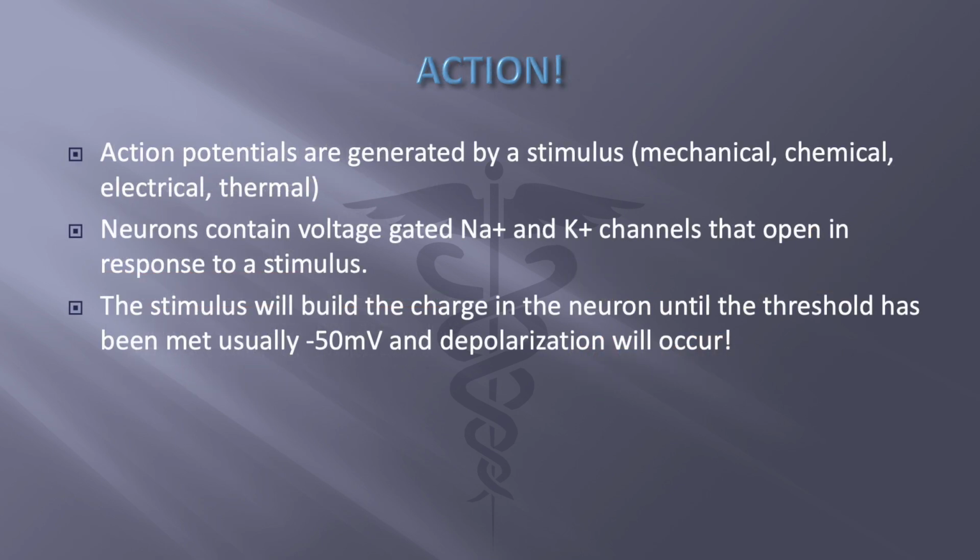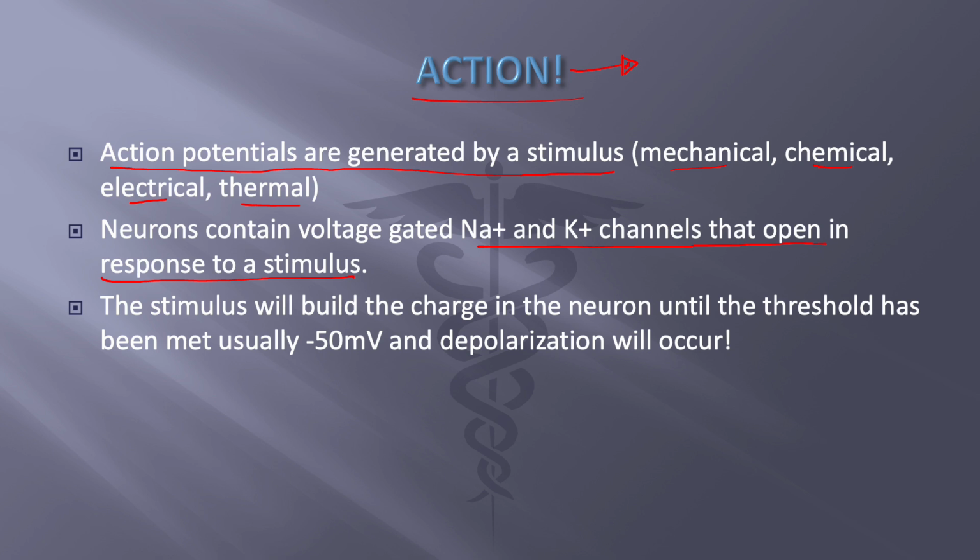All right, so when we generate an action potential, and those action potentials are what we've been talking about this whole time, that action potential creates an impulse, and then that impulse has the conduction velocity, and that goes through the nerve. So action potentials are generated by a stimulus, okay? That can be a mechanical, chemical, electrical, or thermal stimulus. And neurons contain voltage-gated sodium and potassium channels that open in response to these stimuli, okay?